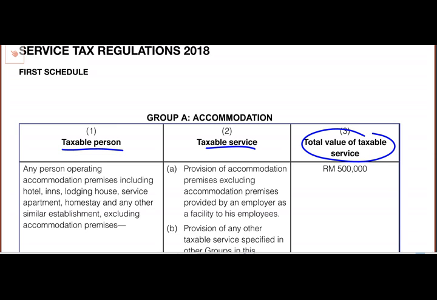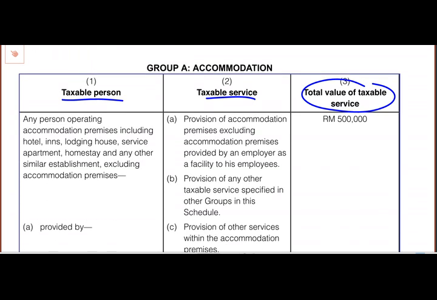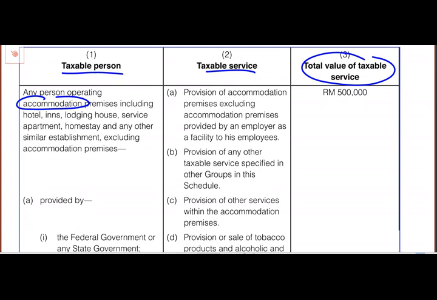Okay? Now, what is the first group? Group A. Group A is for who? What kind of business are you doing if you're in Group A? It's basically hotel. Accommodation.